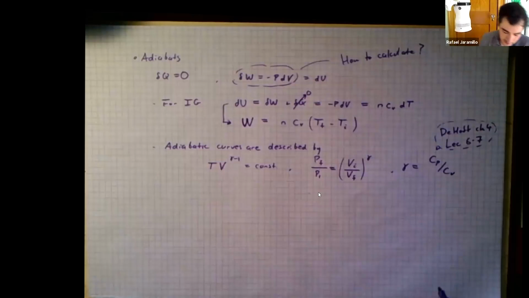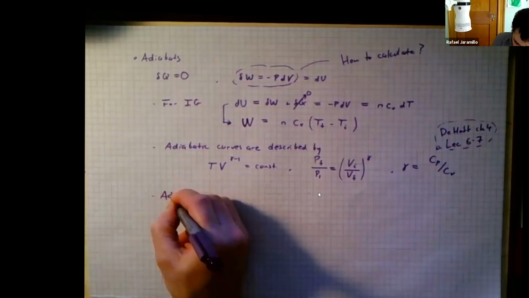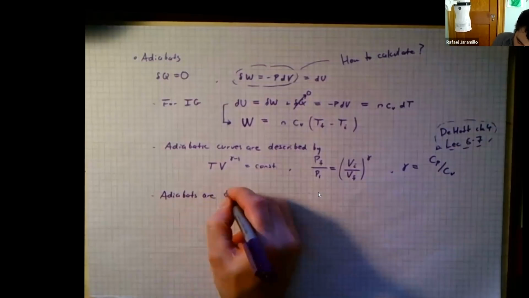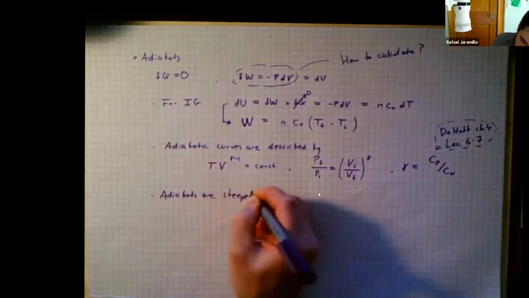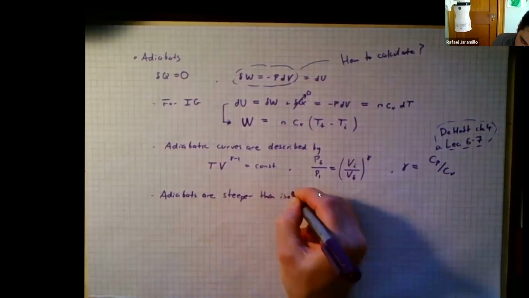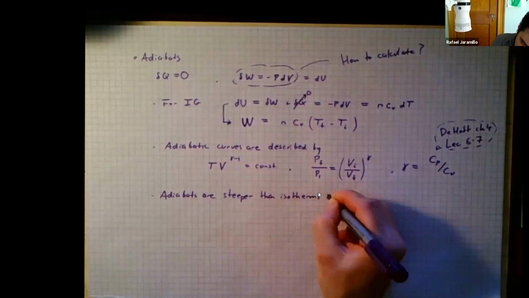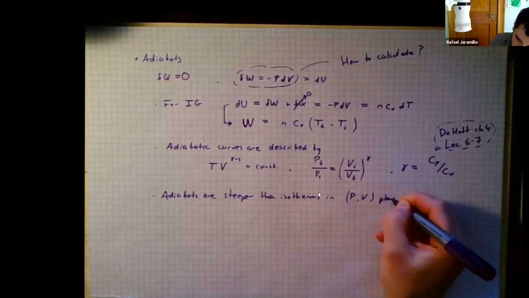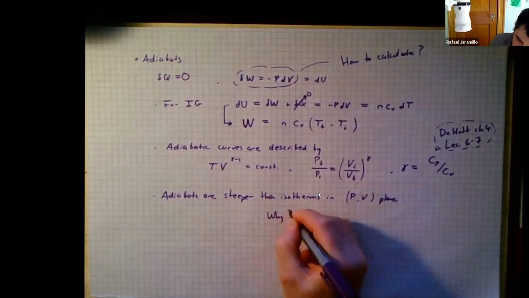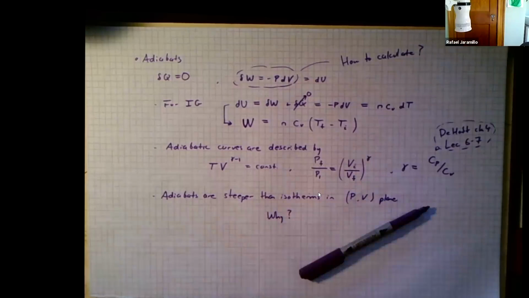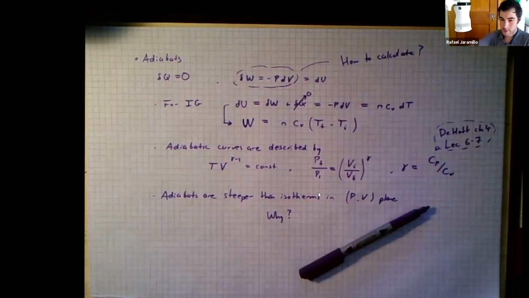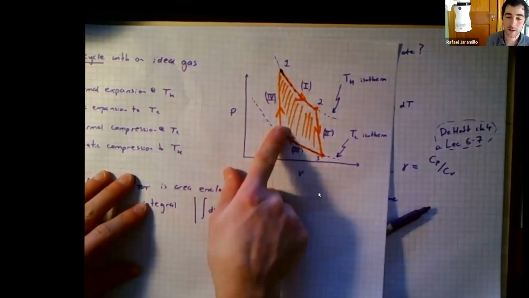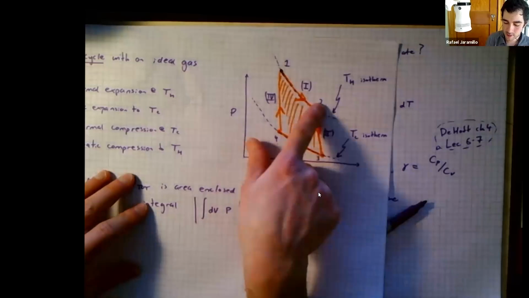Question. Adiabats are steeper than isotherms in the PV plane. Why? So let's see, let me find my plot. Here's a plot. Right, so here the adiabats, which are sections 4 and 2, are steeper than the isotherms, which are sections 1 and 3.